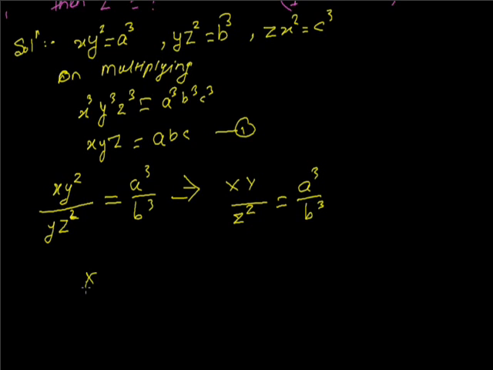From here we get xy is equal to a cube z square upon b cube.